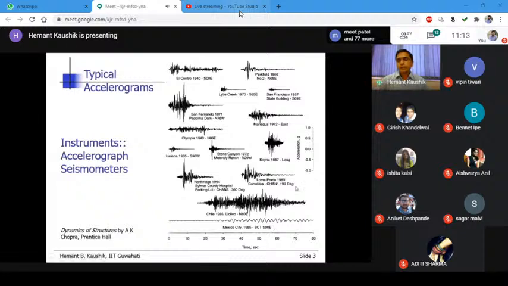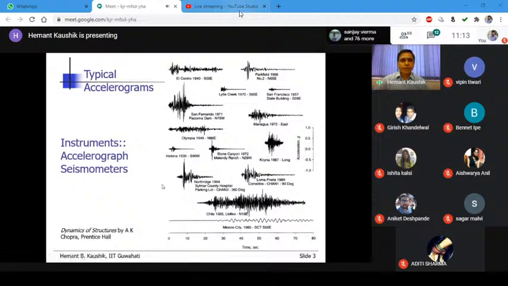And see here the axis is given, the y-axis is the acceleration in terms of g, right? All the values of acceleration are divided by the acceleration due to gravity, and that is how you can actually compare these, because all of them have a similar scale.